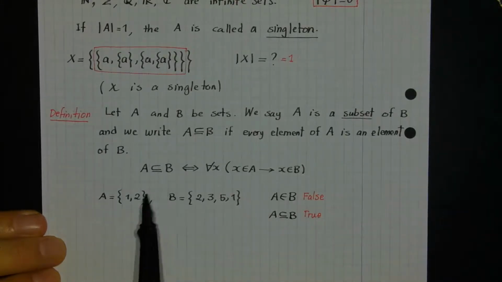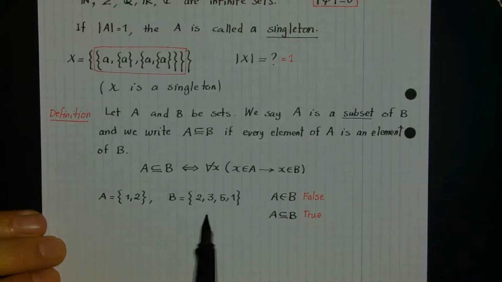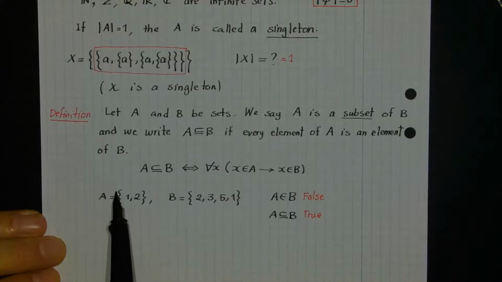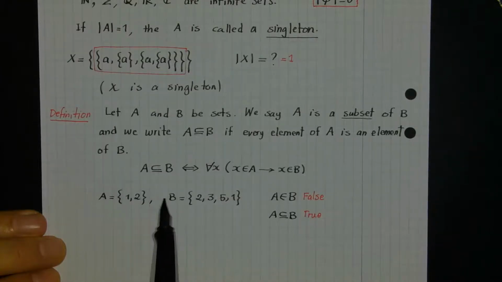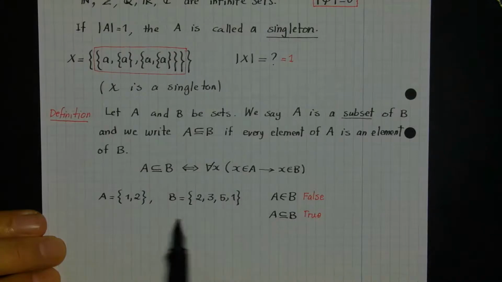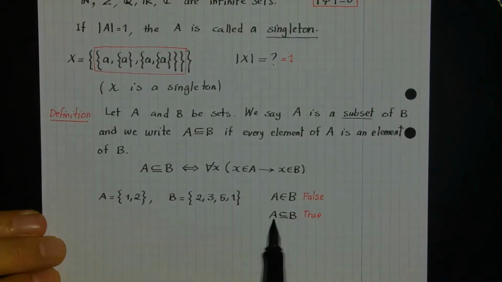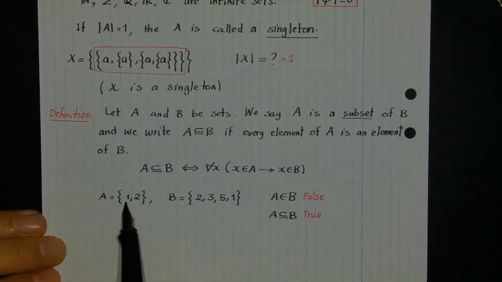So when I say that a set A belongs to the set B, it means that this package as a whole should be inside B, should be an element of B. But I will also have another symbol, which is the subset symbol. If I want to see if this statement is true or false, I don't care about the whole package of A. I care only about the elements of A. The elements of A are just 1 and 2.